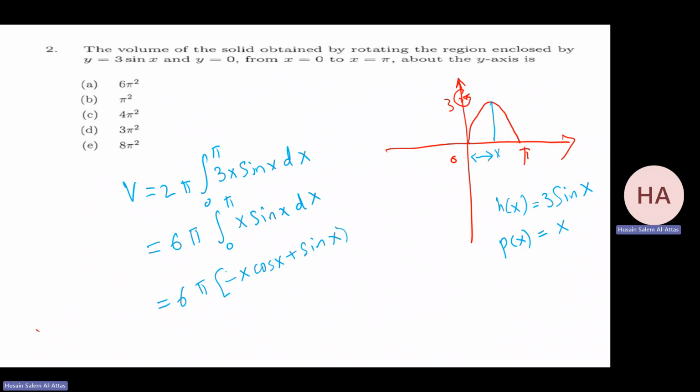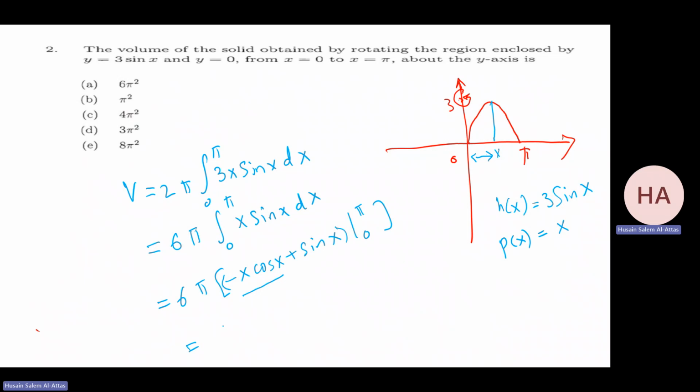If you differentiate this, you get minus cosine x minus x times minus sine x plus cosine x. The rest is cancelled, you get x sine x. That's the correct one. Now, how to do it? You need integration by parts, which will be the next chapter. But this question cannot come before chapter 8.